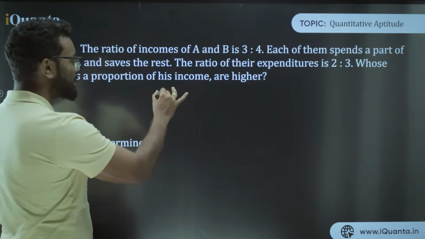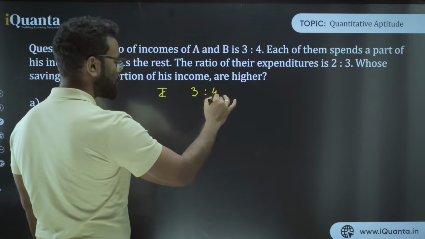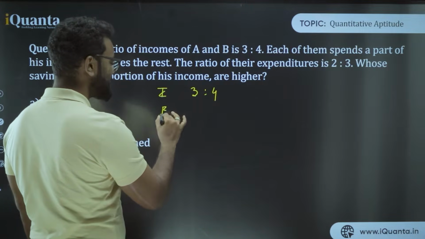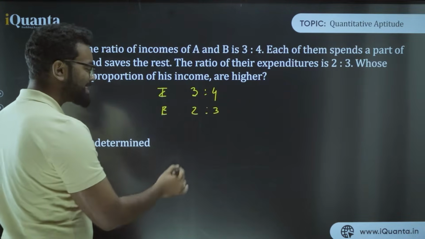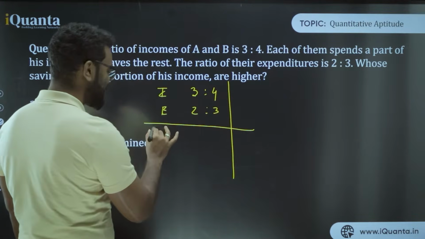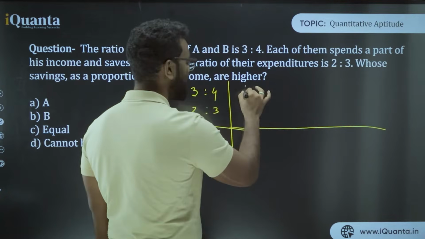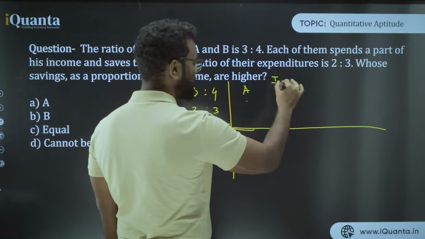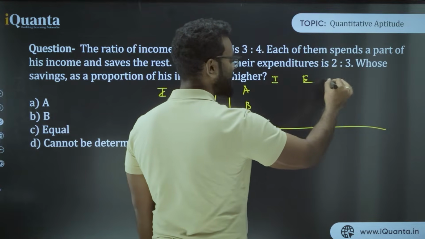So let's say the income is in the ratio 3:4, and the expenses are in the ratio 2:3, right? I can give you 3 possibilities. This is A and B, this is income, this is expense, and this is savings.